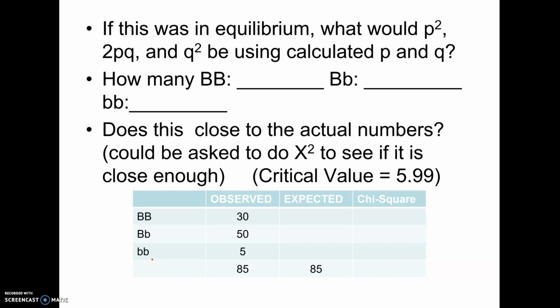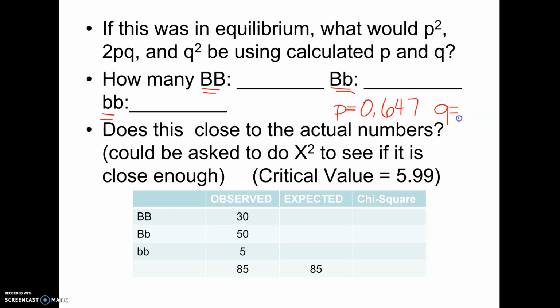So if this was an equilibrium, using the P and the Q that we know are correct and accurate, how many individuals would we expect to be big B, little b, and little b, little b? Okay, so remember from our previous slide, P, when we calculated it by hand, which is the accurate calculation of P, is 0.647.